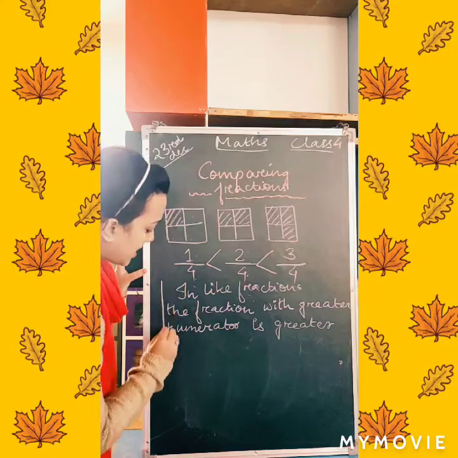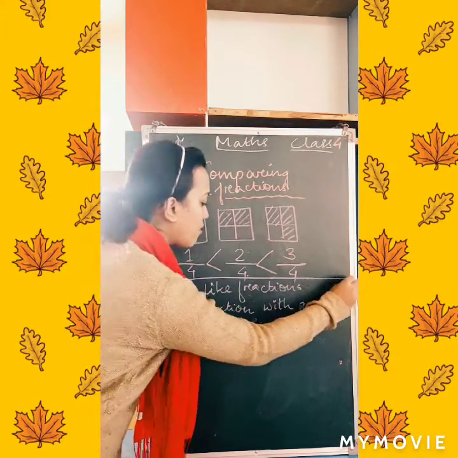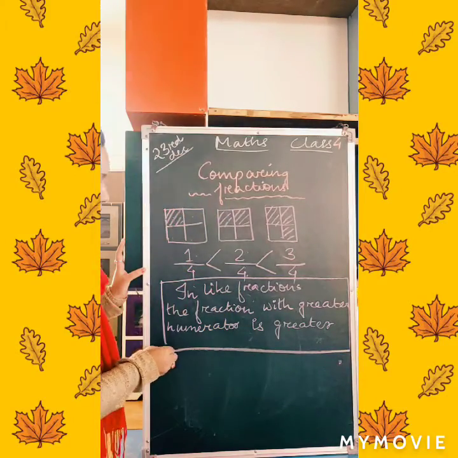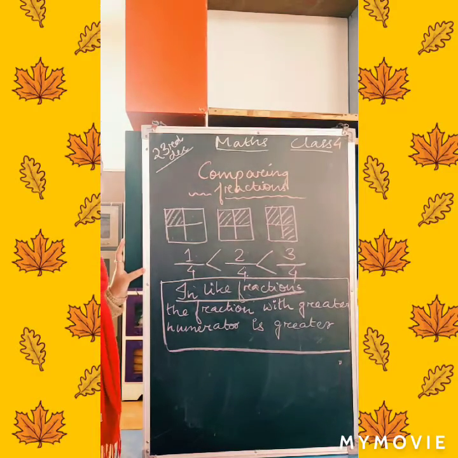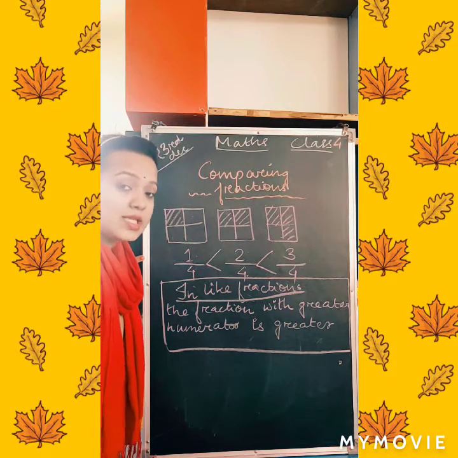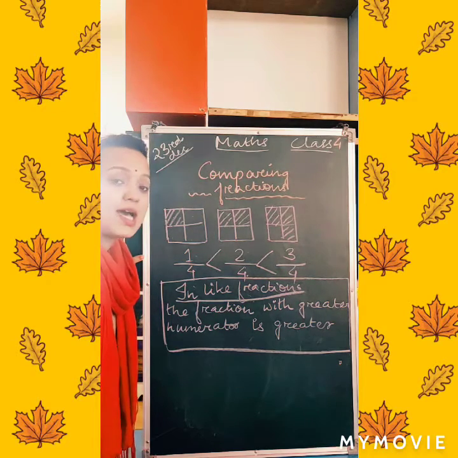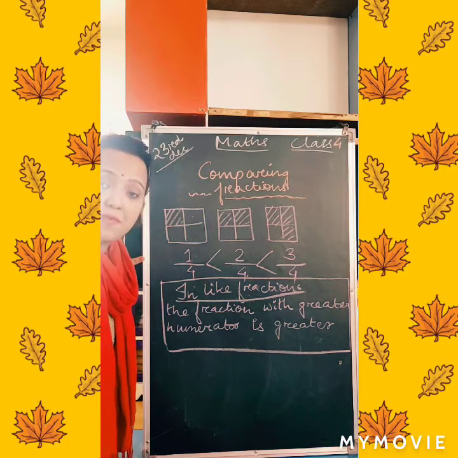Okay. This is the main thing that you got to know after observing this figure. That means in case of like fractions, the fraction with greater numerator is always the greater. Okay. This I said to you in terms of like fractions.